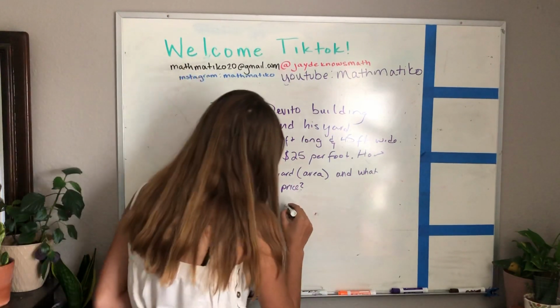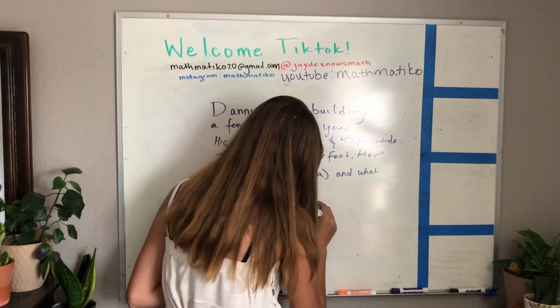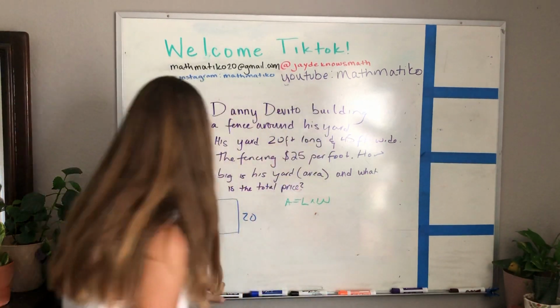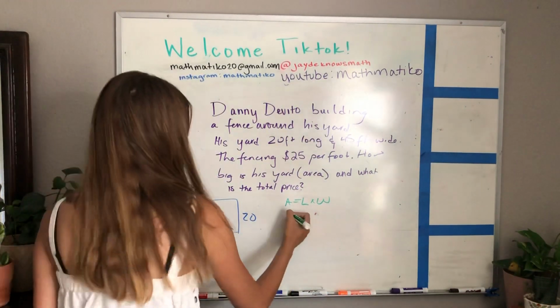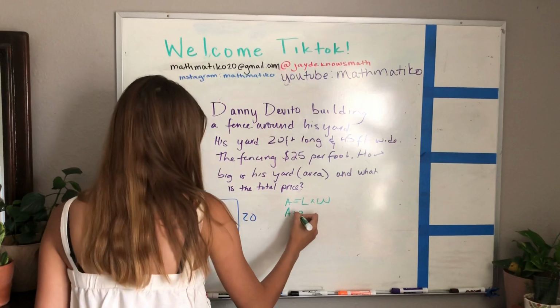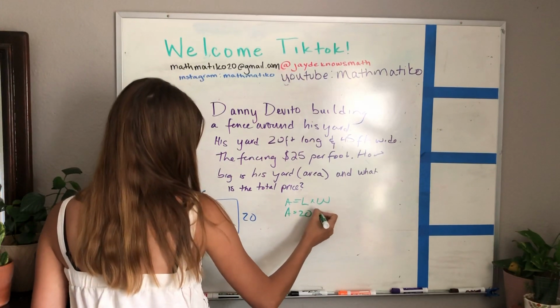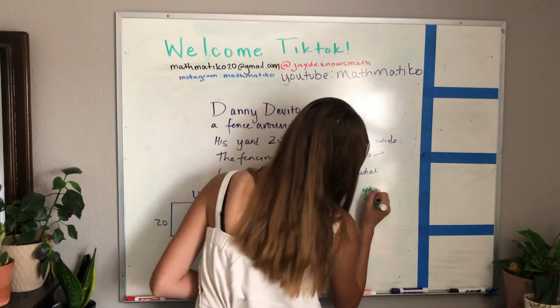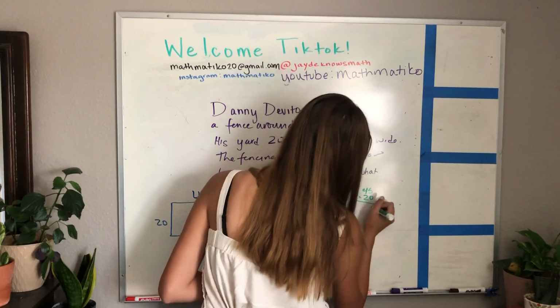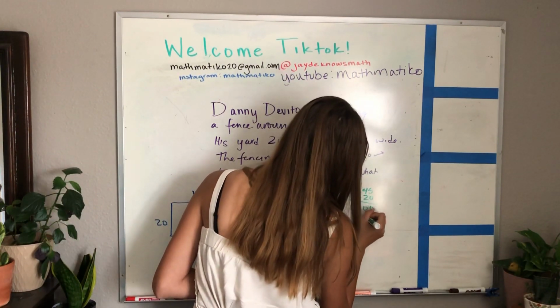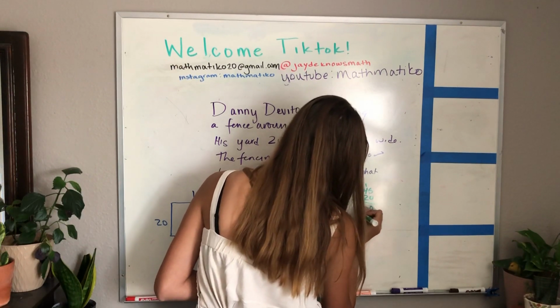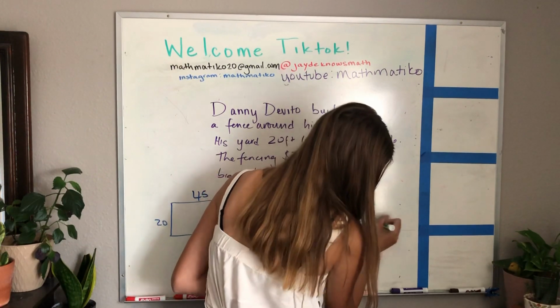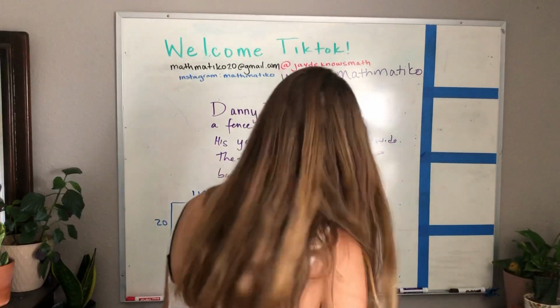We know the equation for area equals length times width. So we have our length and our width. Area, we're going to plug these in. 20 times 45. 45 times 20. That should give us 700.